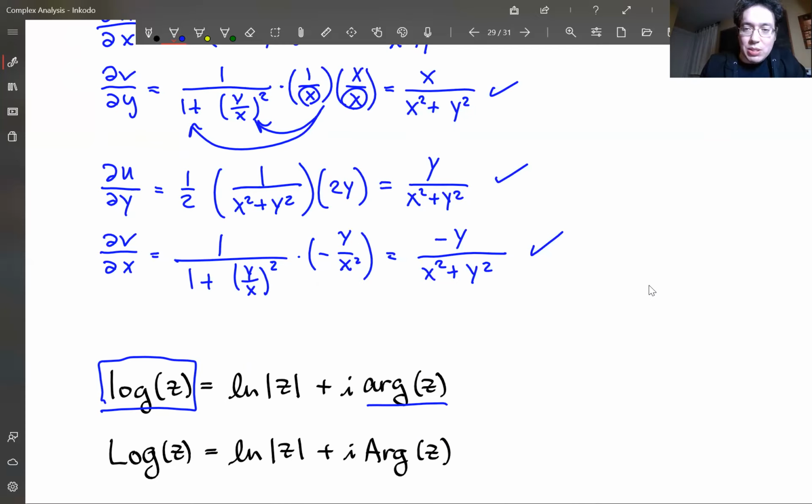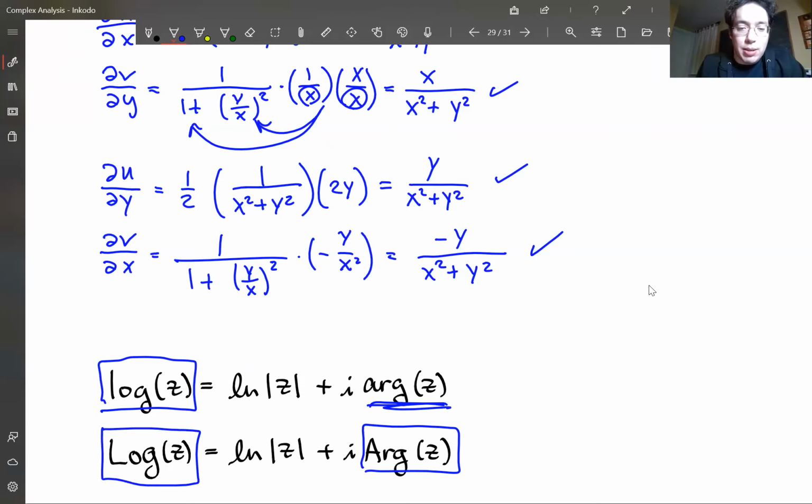If I want to talk about a particular branch, I'll have to specify which argument I'm talking about. If I want to use the principal argument function, so remember this is an argument function where the angle is between negative pi and positive pi, and positive pi is inclusive, then I will use the capital L, Log.